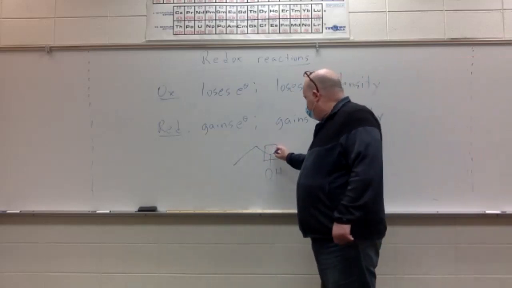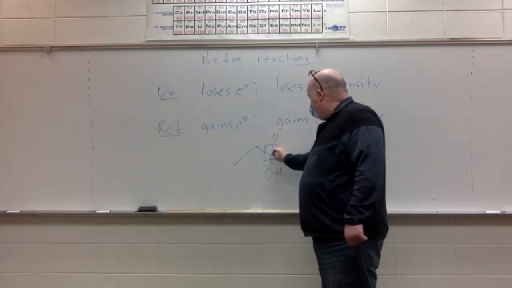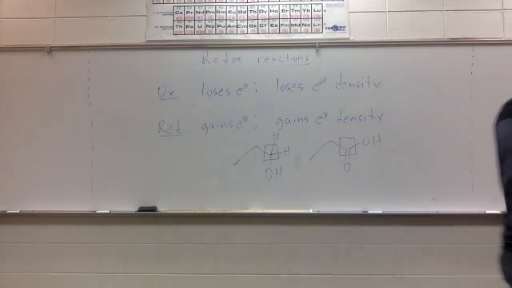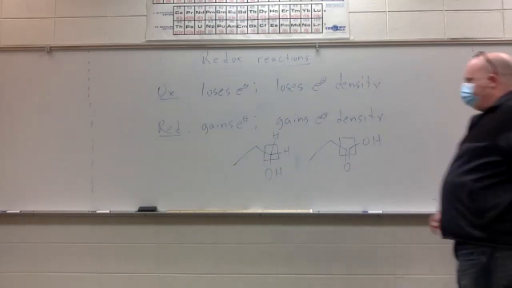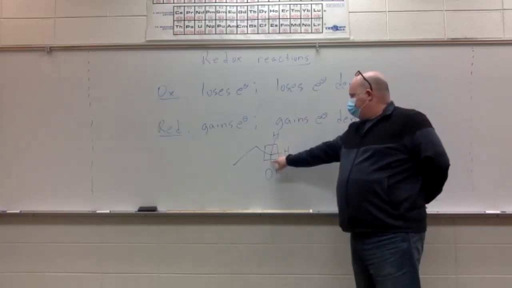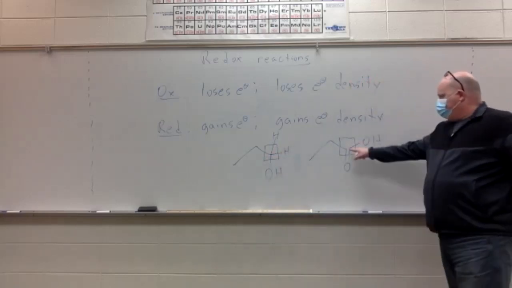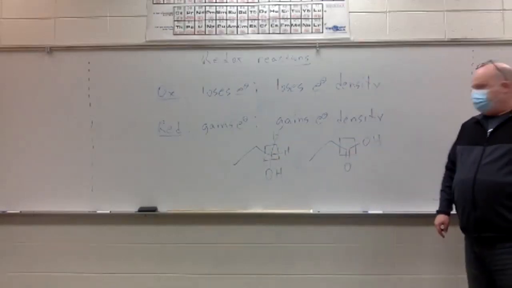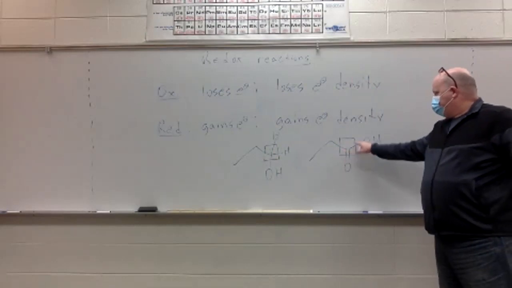Skeletal structure, don't forget, dictates that there's actually a couple of hydrogens on this one as well. So I'll go ahead and draw those so you can see them. That carbon that's in the box, how many electrons does it have in its outer shell? It's got 8, right? 2, 4, 6, 8. What about this one? How many does it have in its outer shell? 8. 2, 4, 6, 8, right?